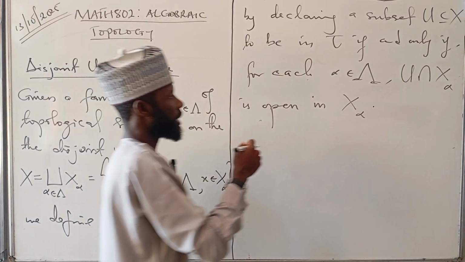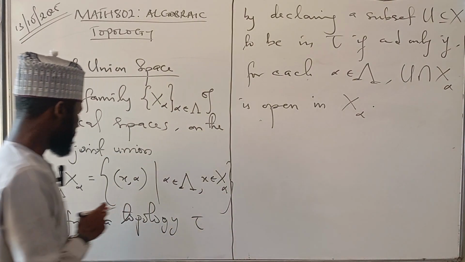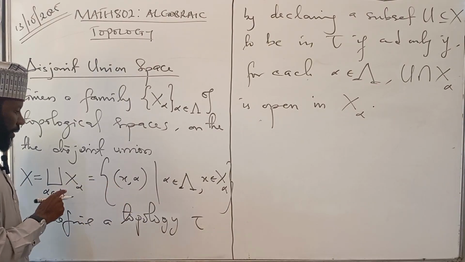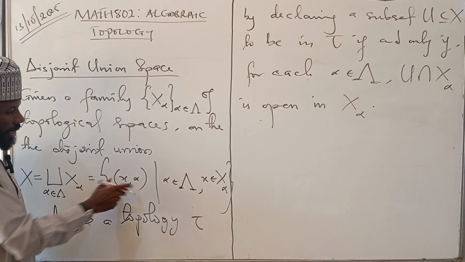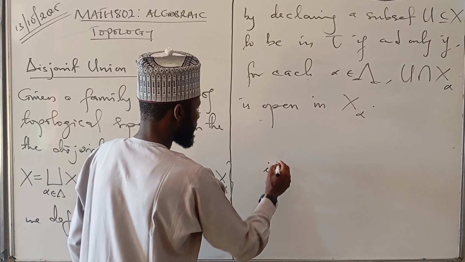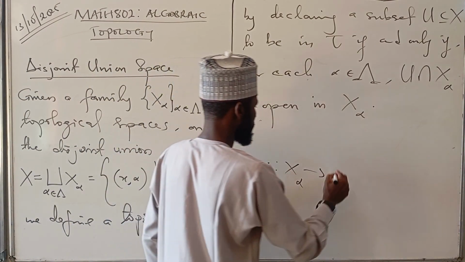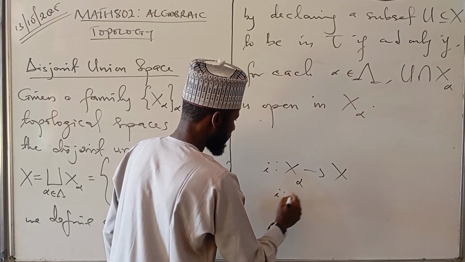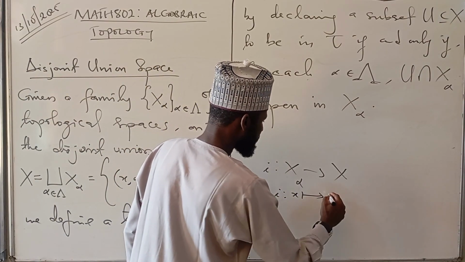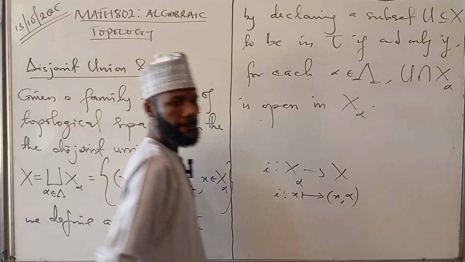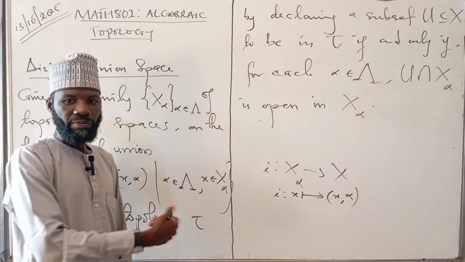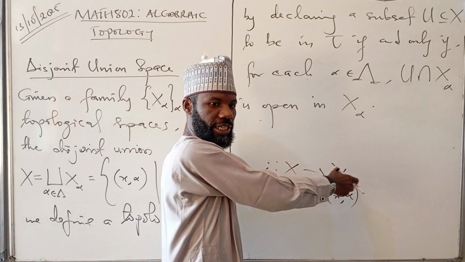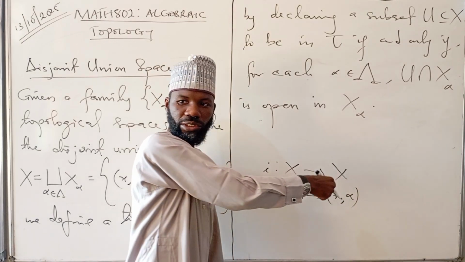The way we are thinking here is that there is always a natural embedding of every X alpha in here. If you define this map i from X alpha into X, given by a point x mapped to x comma alpha, this is an embedding. So every X alpha is naturally embedded inside this disjoint union.